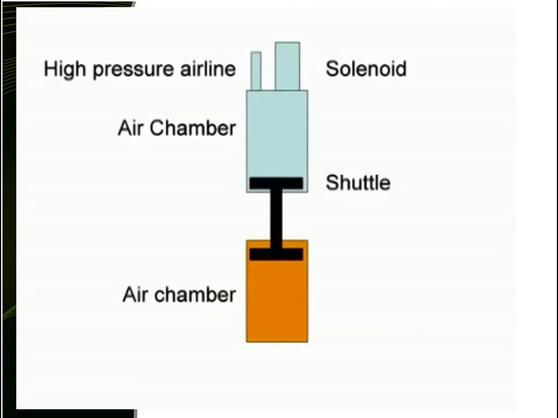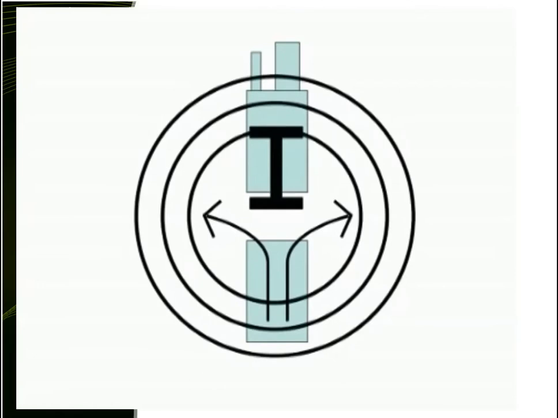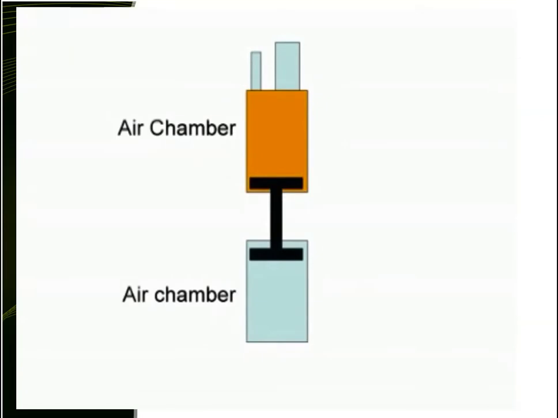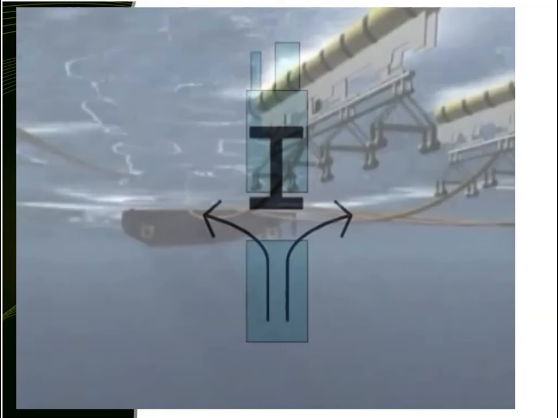The high-pressure air in the lower chamber is discharged into the surrounding water through the source ports. The air from these ports forms a bubble, which oscillates according to the operating pressure, the depth of operation, temperature and volume of air released into the surrounding water. The shuttle is forced back down to its original position by the high-pressure air in the control chamber, so that once the discharge chamber is fully charged with high-pressure air, the source can be activated again. The opening of the shuttle is very rapid, taking only a few milliseconds, which allows the high-pressure air to be discharged very rapidly.